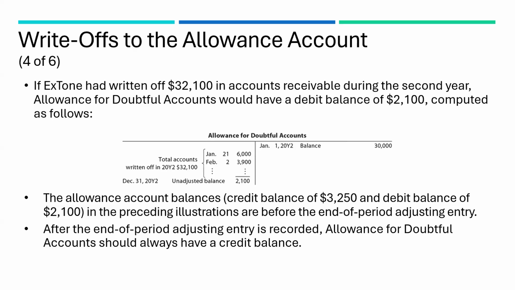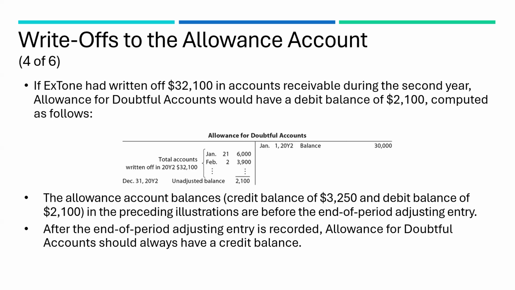Keeping track of whether it has a credit or a debit balance can be tricky, especially on the homework. And so it's really important to note, okay, this ending balance of 2,100, is that a debit or a credit? And after the entry, at the end of the year or the end of the period, the allowance for doubtful accounts should always have a credit balance.